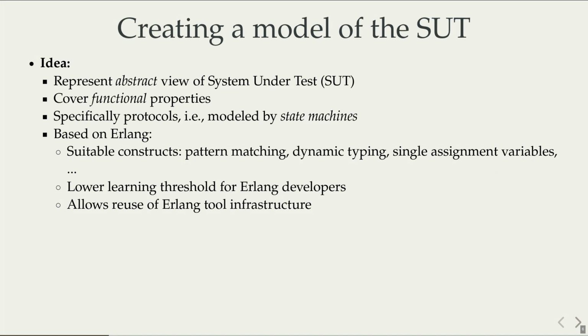Okay, so as I said, the model represents an abstract view of the system. And here we are specifically interested in state machines, because that is what protocols are built of. And that is what you typically have in a telecom environment. And I thought that, well, I want something that is good in expressing what I want to express in a short and consistent way.